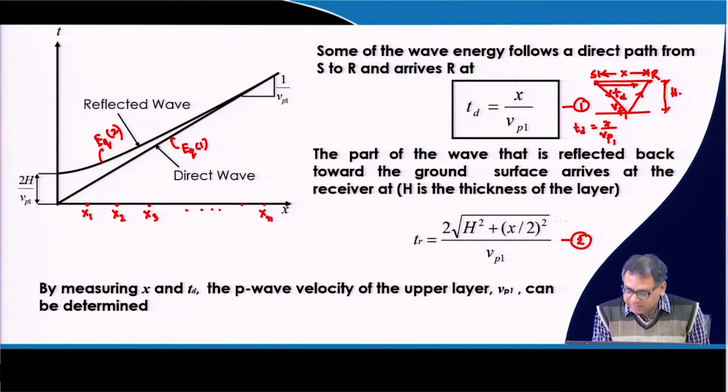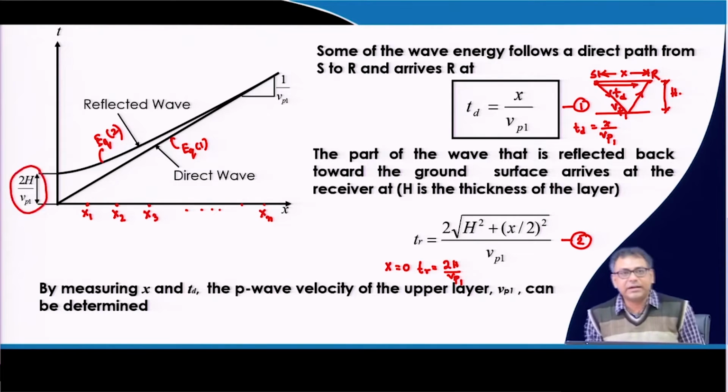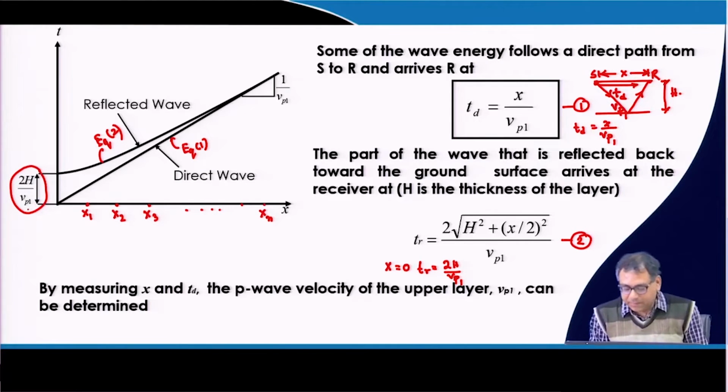Now, from equation 2, if I put x equal to 0, then my TR will be equal to 2h by Vp1. So, at x equal to 0, TR is equal to 2h by Vp1.